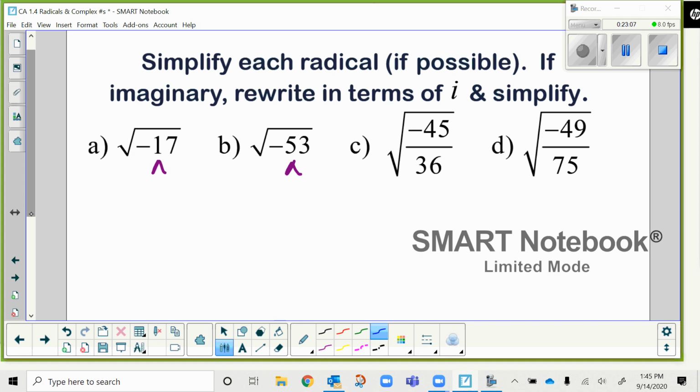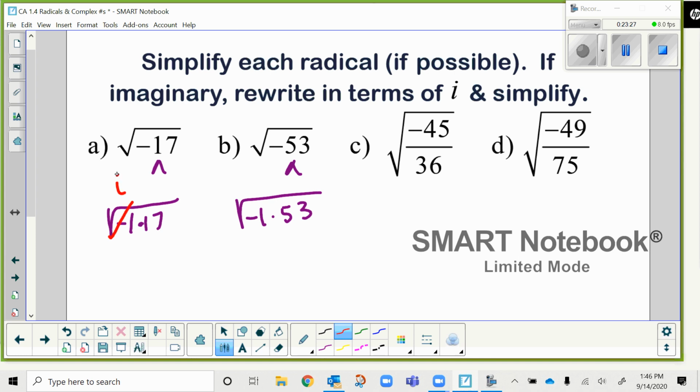So really what we have going on is this inside A and this inside B. 17 cannot simplify, but the -1 can. The square root of -1 is i. So the i comes out and the 17 stays in.